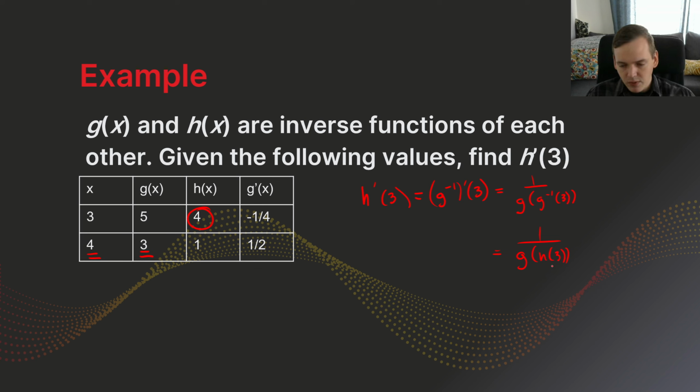So I want h of 3, which is 4. So this should be 1 over g prime of h of 3. We said h of 3 was 4. And, oh, this should have a prime, sorry. And g prime of 4 we see as 1/2, so this is 1 over 1/2, which is in fact 2. So h prime of 3 should be 2.